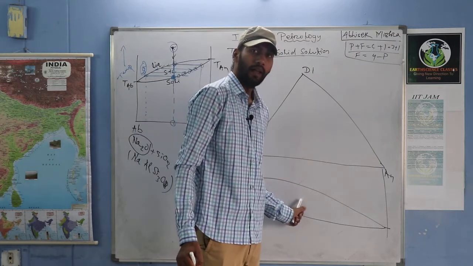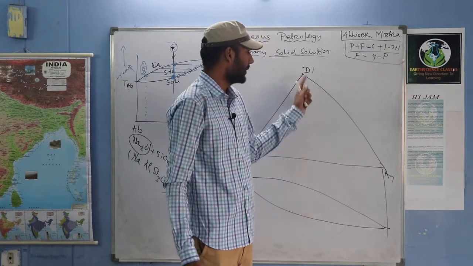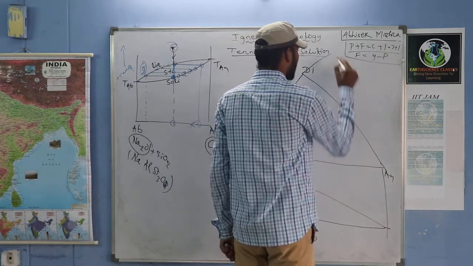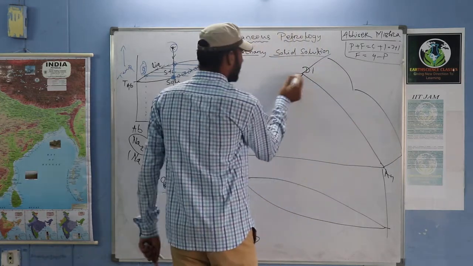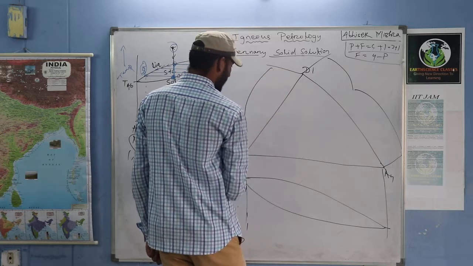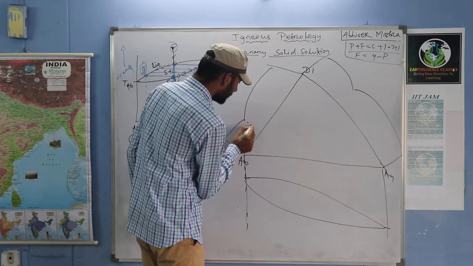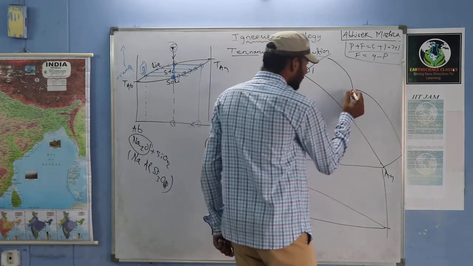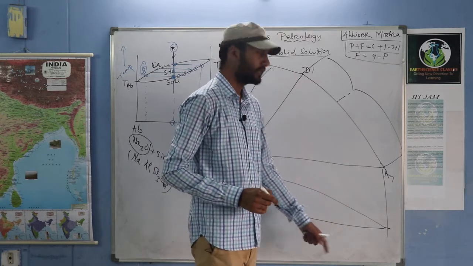So here I am getting the solid solution. Between diopside and anorthite you are getting a eutectic. Between diopside and albite you are also getting a eutectic. Let's project this eutectic here, this eutectic here, and this is the solid solution.